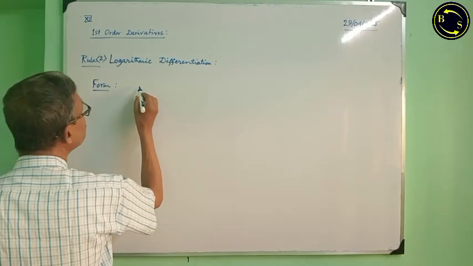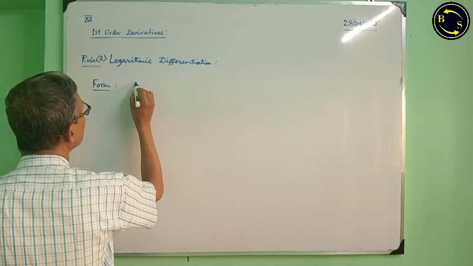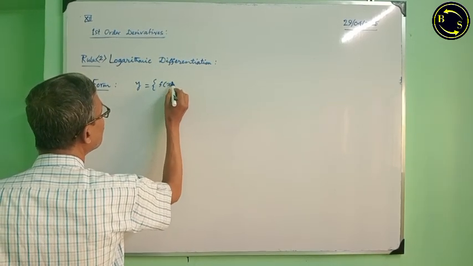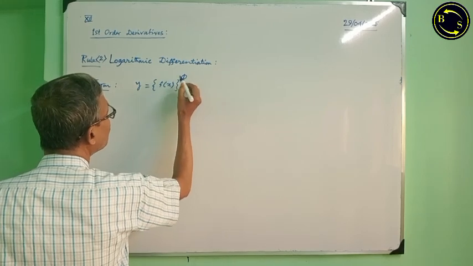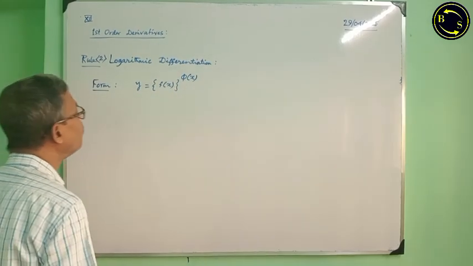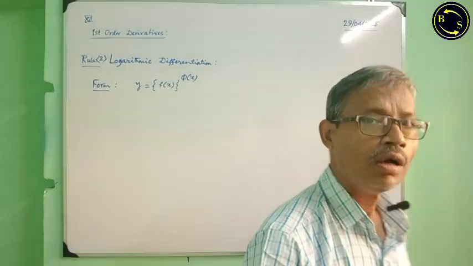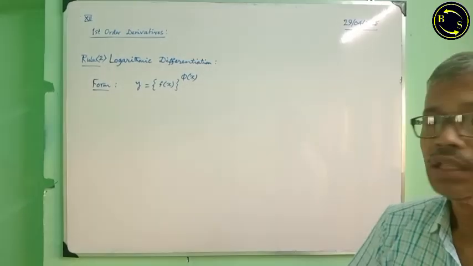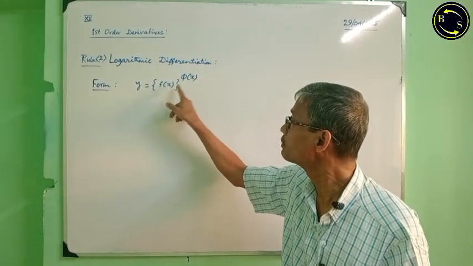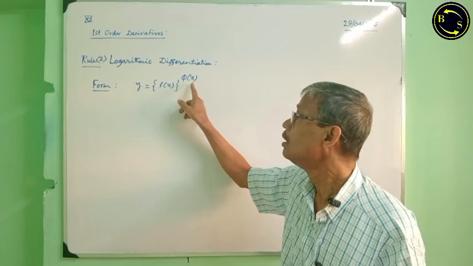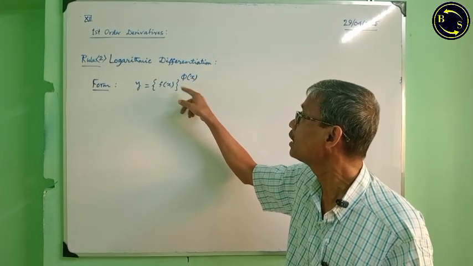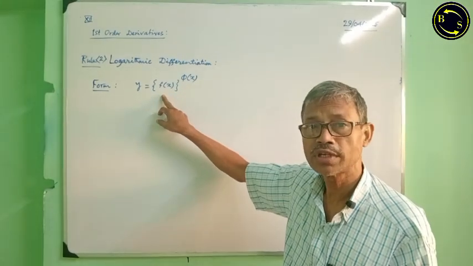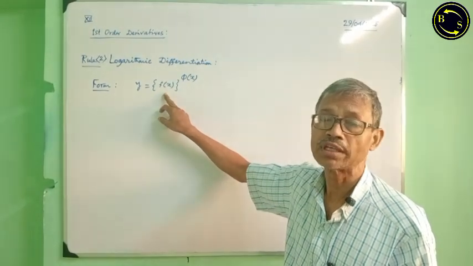The form of the function will be y is equal to f(x) whole to the power phi x. Here we find f(x) and phi x. In most cases, phi x will be a function of x and f(x) may be a constant or a function of x.